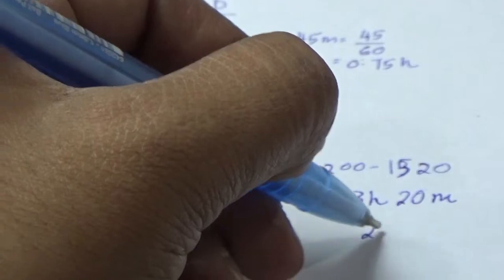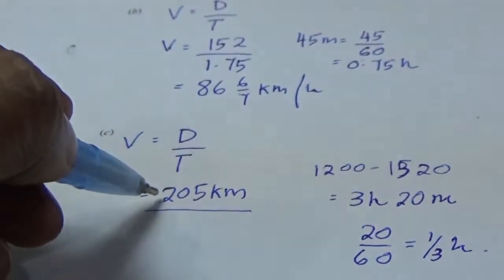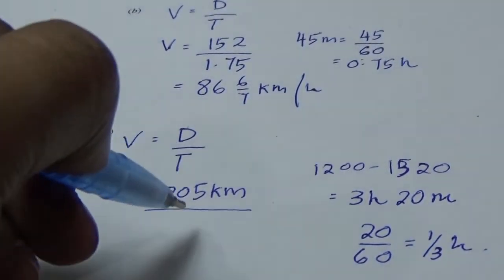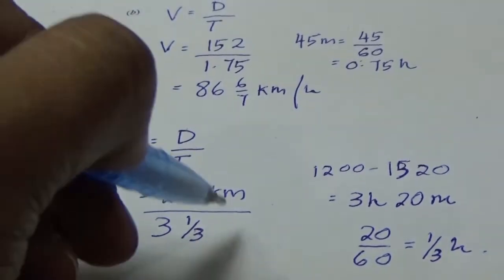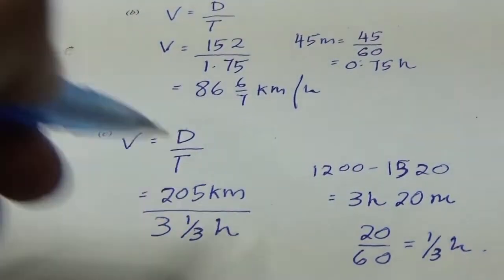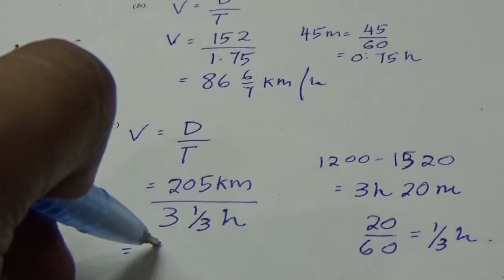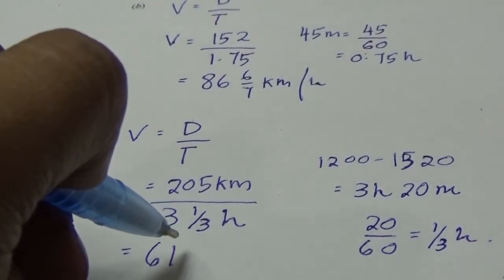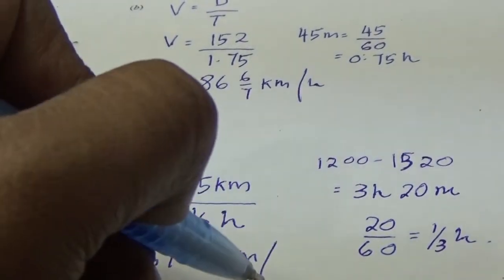In this case, 20 minutes is equivalent to 1/3 hours. Therefore, you can divide this by 3 1/3 hours. Then using your calculator, you should be able to get the answer as 61.5 kilometers per hour.